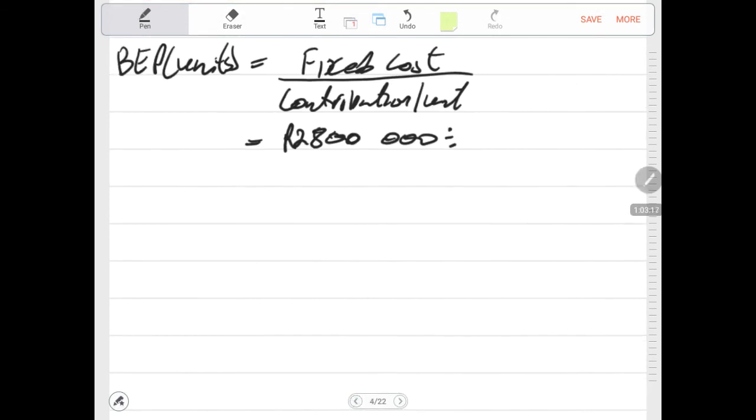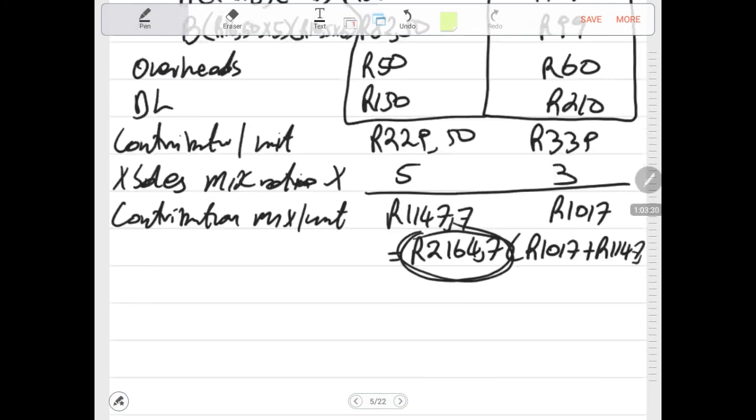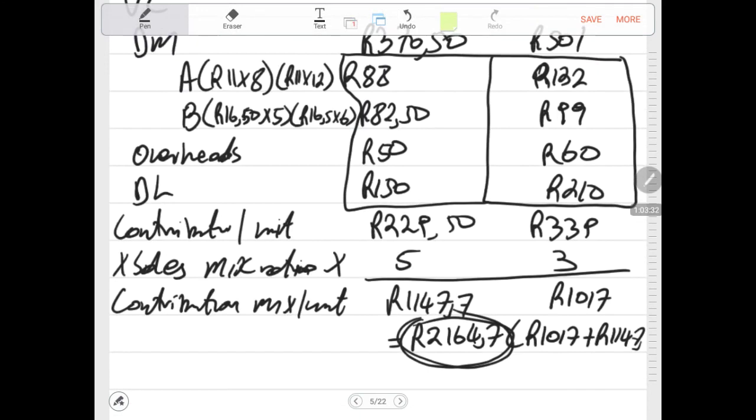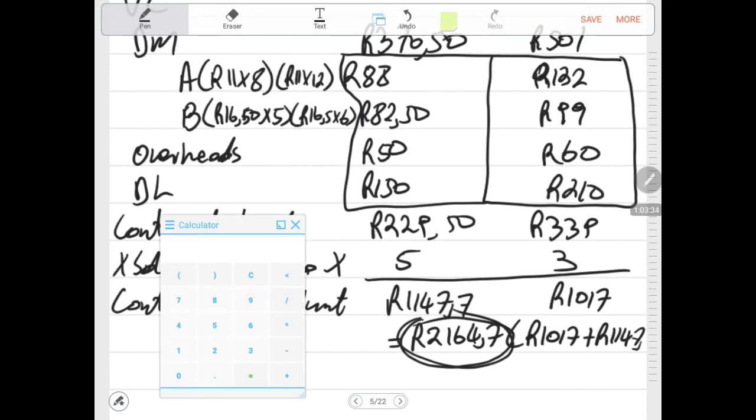break-even point. So now we can say here divide by 2164.50. I just verify that figure. We have 1147.50.